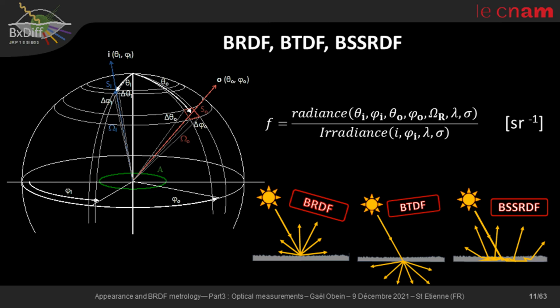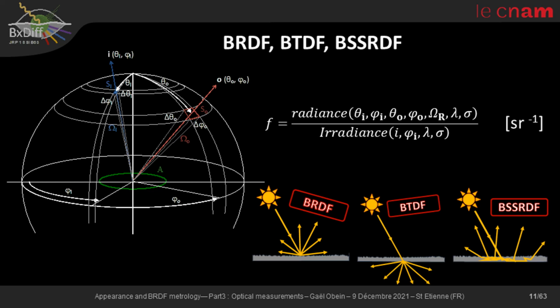If you look at the reflectance, according to the angles, you have the BRDF. If you look at the transmittance, you have the BTDF. If you look at the light that is crossing the interface, interacting with the structure, and is re-emitted not in a random direction, but in a given direction from the subsurface, we call this the BSSRDF.